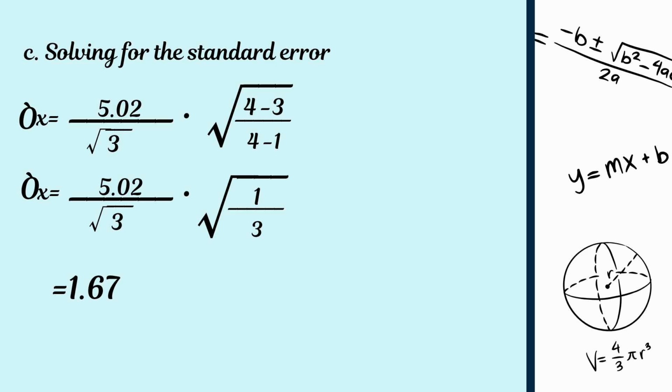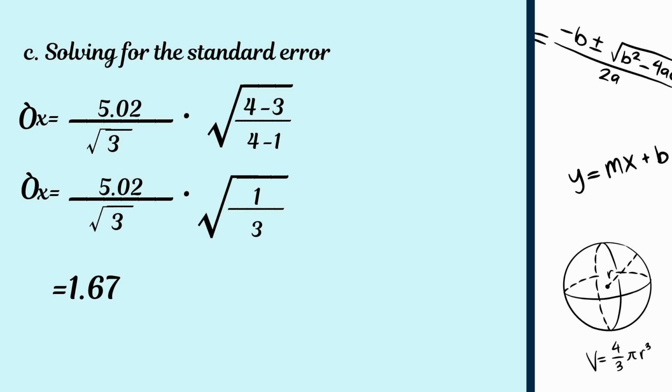Now, plug in the values into the formula. We already know that the standard deviation is 5.02 and the sample size is 3. So, 5.02 over the square root of 3 times the square root of 1 over 3 equals 1.67.